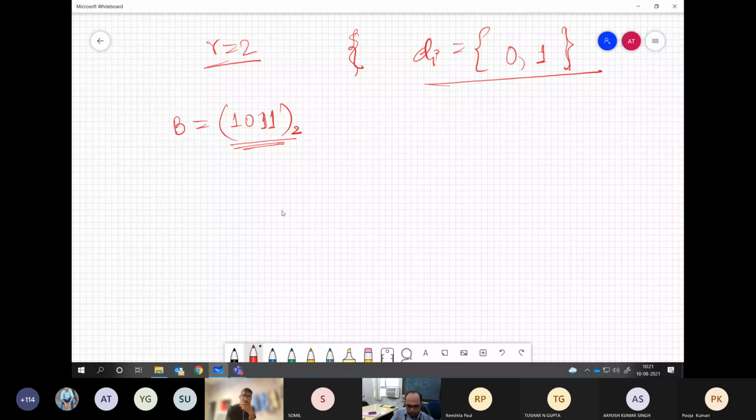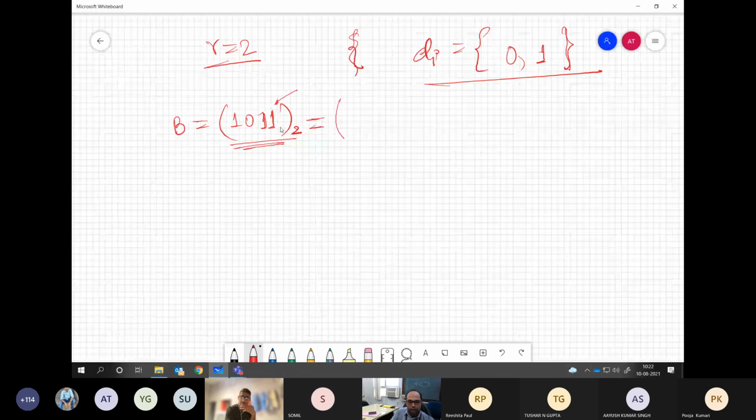So how would you say? We'll convert as the summation of di times r to the power i. Correct. So now how many places are there? There is no decimal point on the right or left side, so we are talking about zero or positive integer powers.